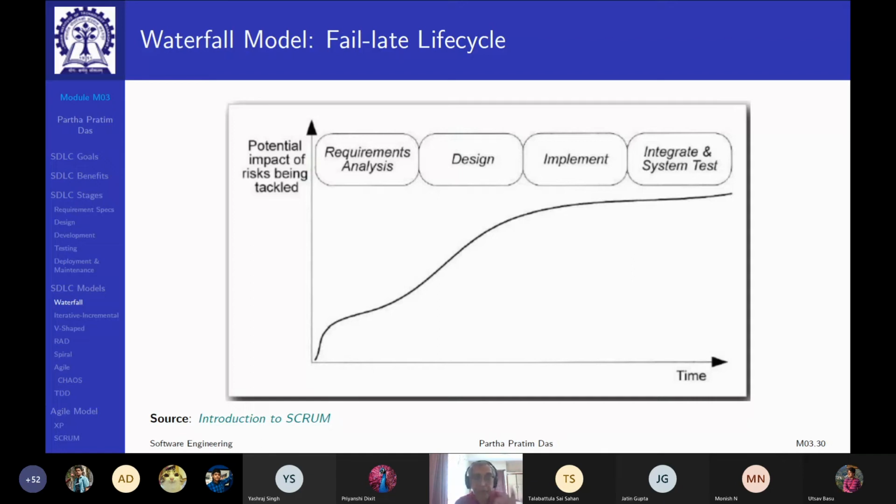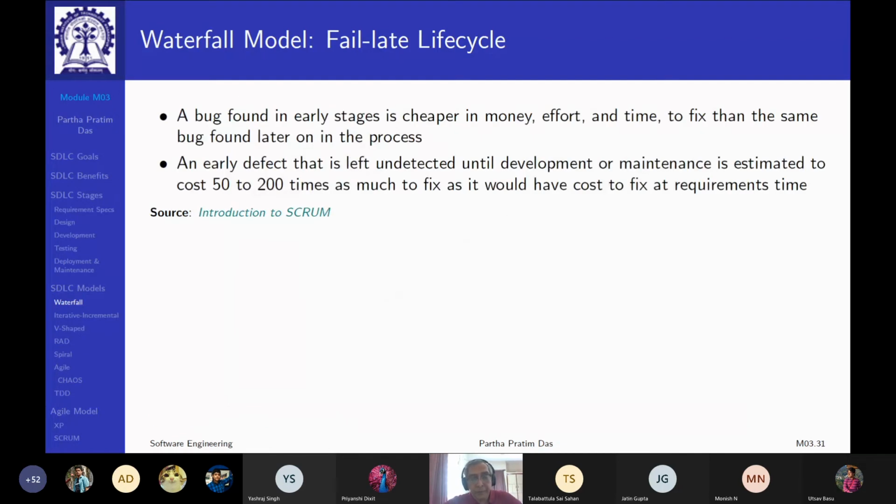So it does not allow you to fail early in the life cycle. You need to fail early in the life cycle to correct yourself. You cannot fail so late. So a bug found in early stages is cheaper in money, effort, and time to fix than the same bug found later in the process. Just think about the Ariane rocket incident I was talking of.